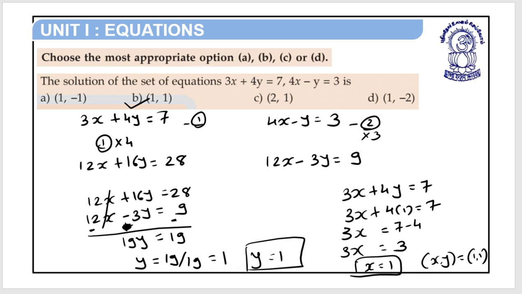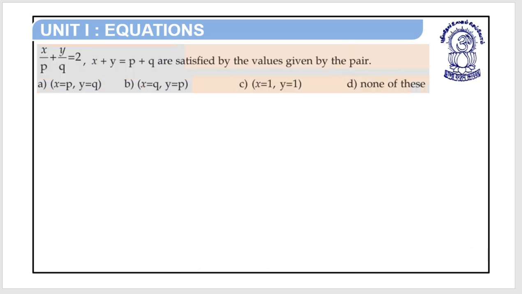Now move to the next question. x by p plus y by q is equal to 2, x plus y is equal to p plus q, are satisfied by the values given by the pair.